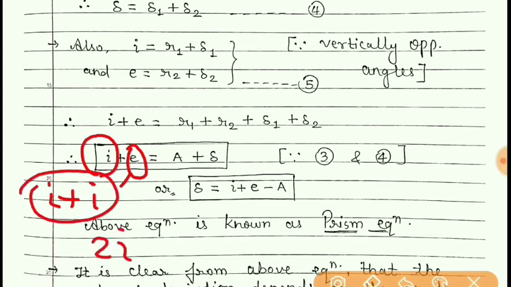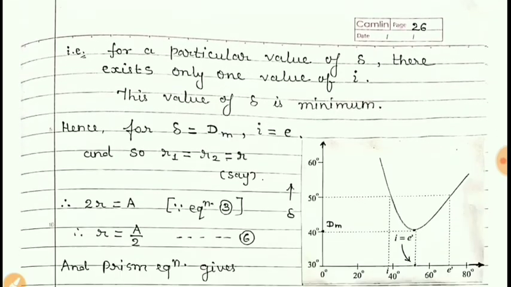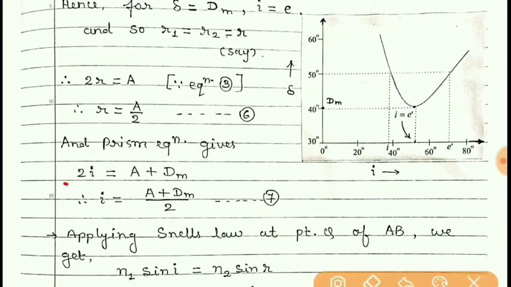So 2I is equal to A plus delta, but delta is now D minimum. So finally I is equal to A plus Dm by 2. Equation number 7.